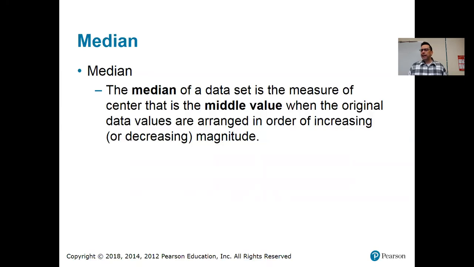The median of a data set is the measure of center that is the middle value when the original data values are arranged in order of increasing or decreasing magnitude. So as long as you have them in increasing or decreasing order, the median is the middle number. Now that immediately brings up a question that we're going to talk about in just a minute.